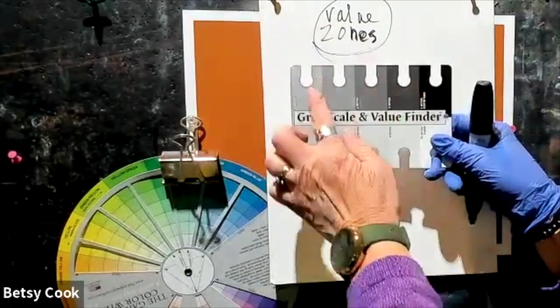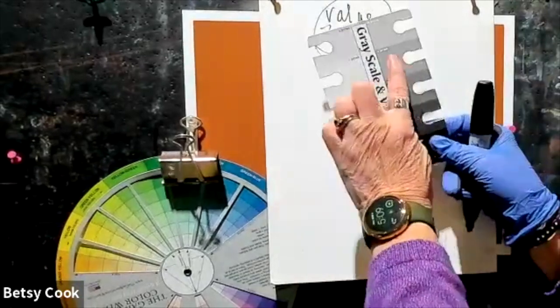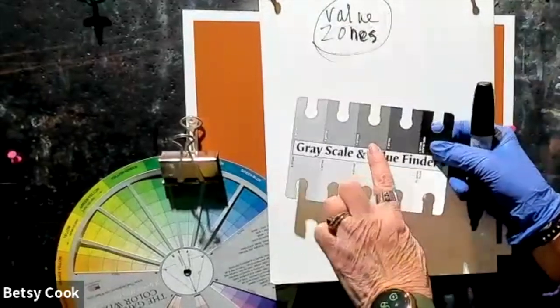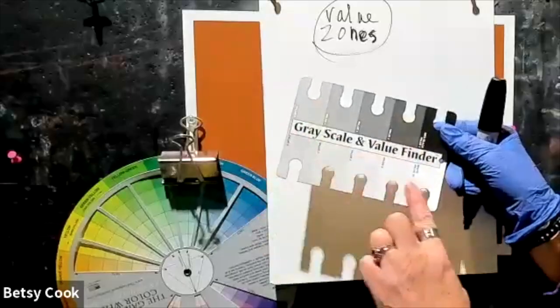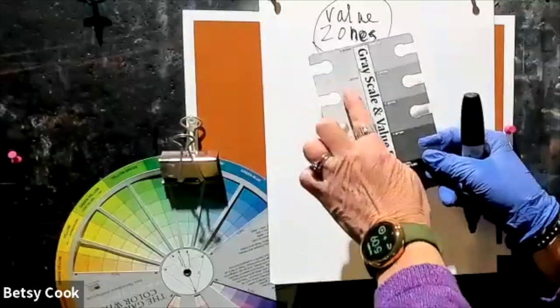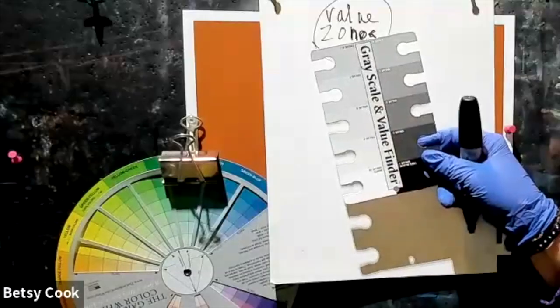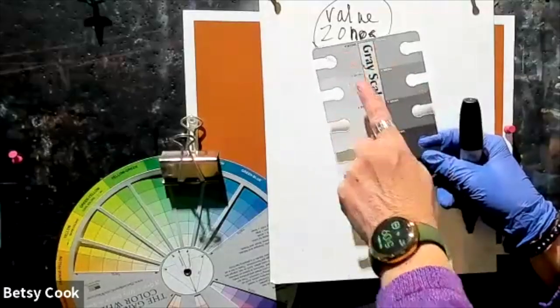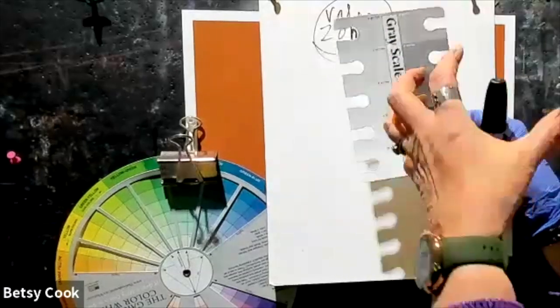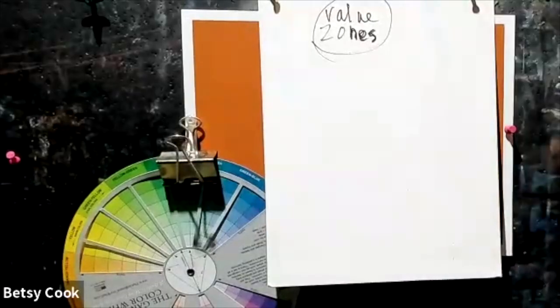These guys are all working together. So a value zone means it's not just one value. It's not your value range of the whole painting, but one specific area, mass, or shape where you see several values, but they work together.